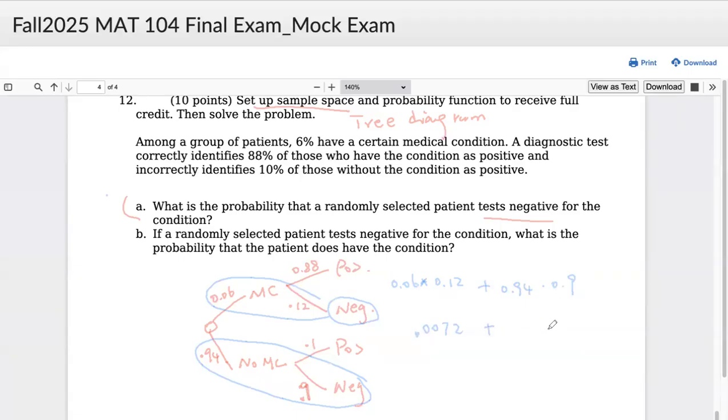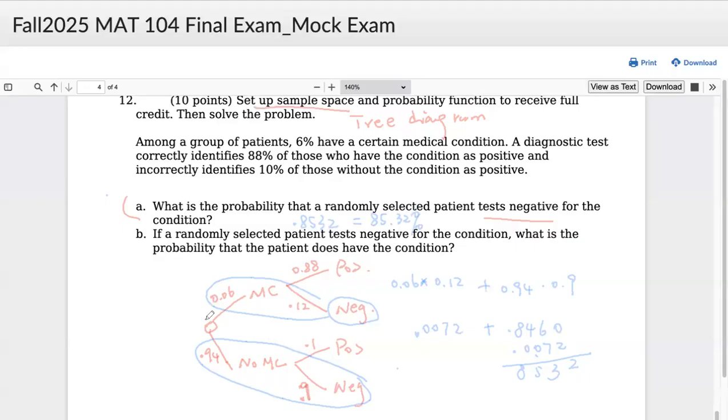Then plus this. 94 times 9, 846. So add those numbers. So the answer for A is 0.8532, or better yet to see, 85.32%.